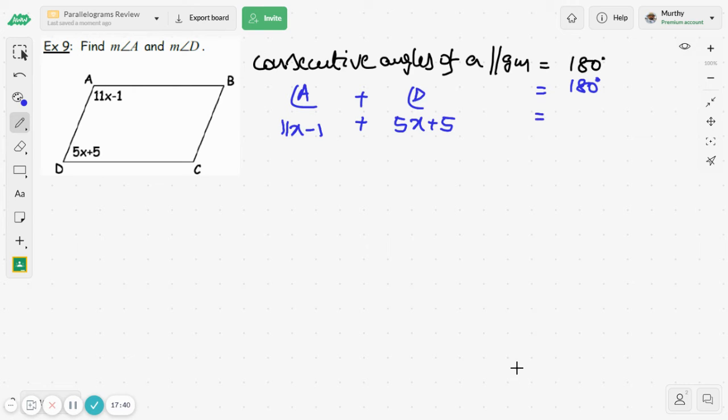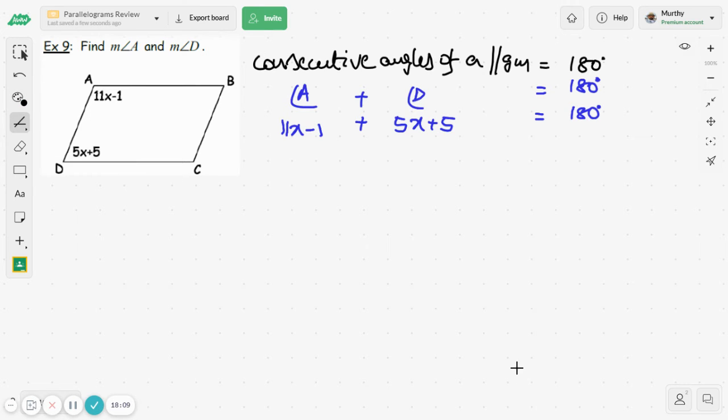Again, a quick reminder: except trapezoid, in the rest of the figures, a square, rectangle, parallelogram, a rhombus, the sum of consecutive angles is 180. In case of trapezoid, only a couple of pairs, if you take the sum of their angles, equals 180. That we'll discuss later.